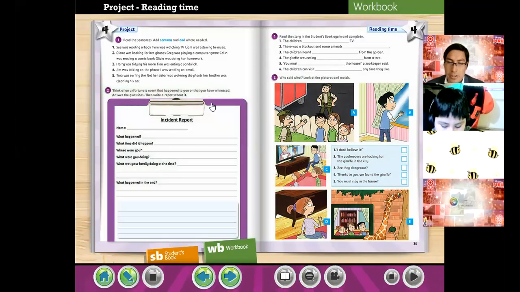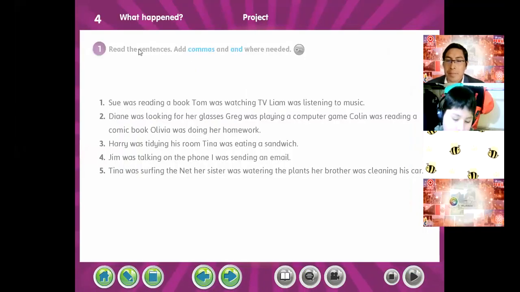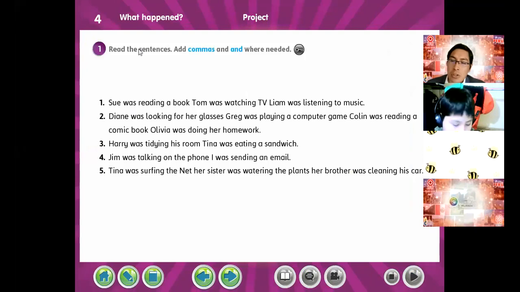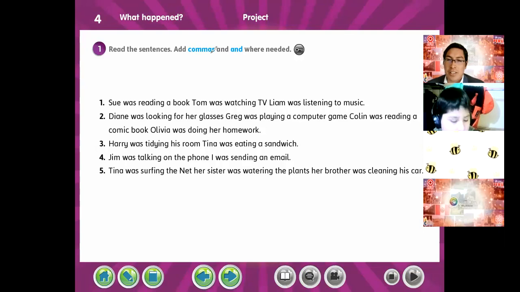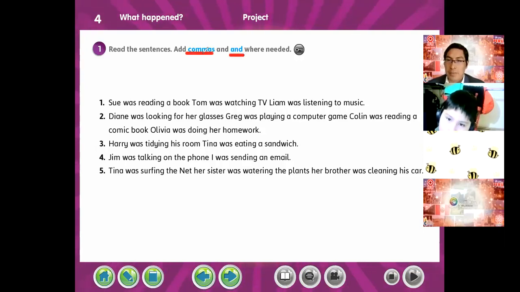Okay, these two pages. In your writing, you need to separate your ideas, okay, with commas and using the word and. Okay, we are going to practice with that. Because it's important that you separate your ideas.